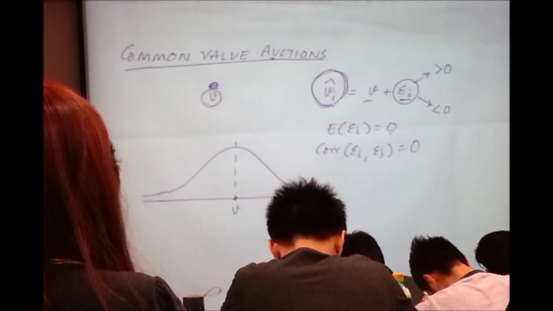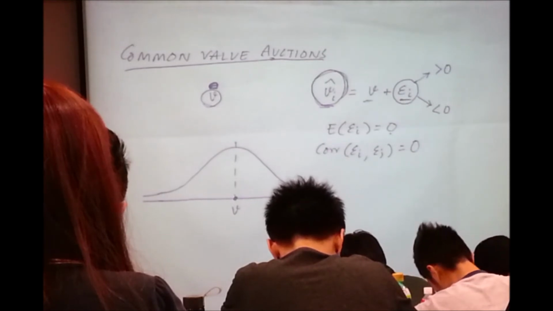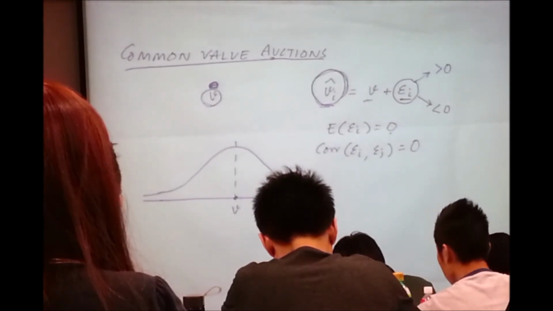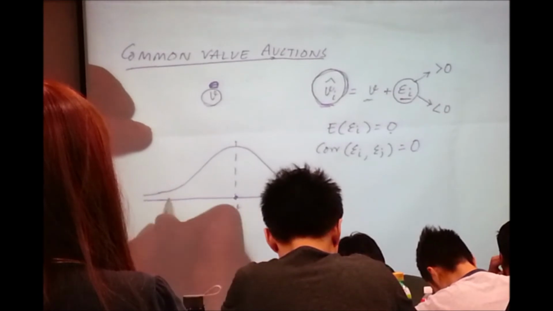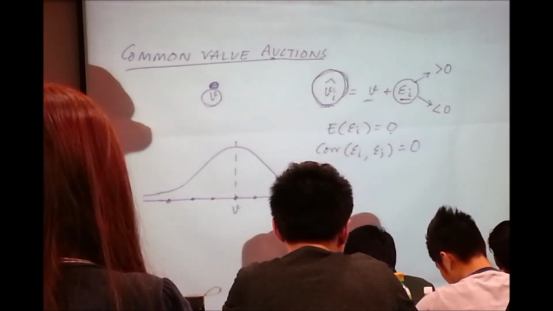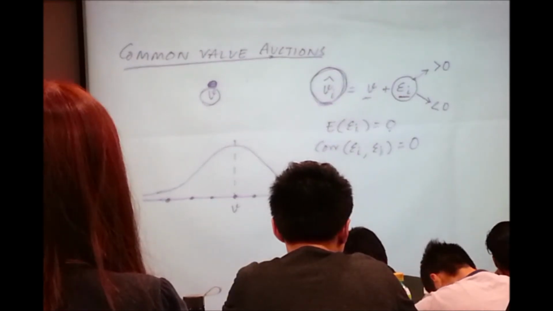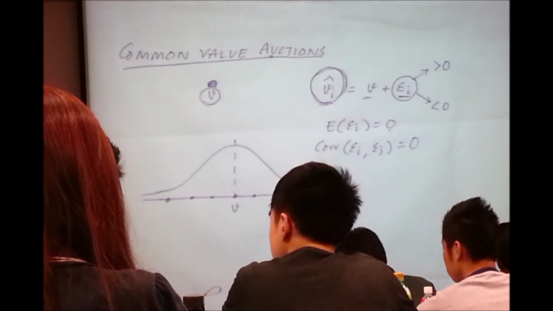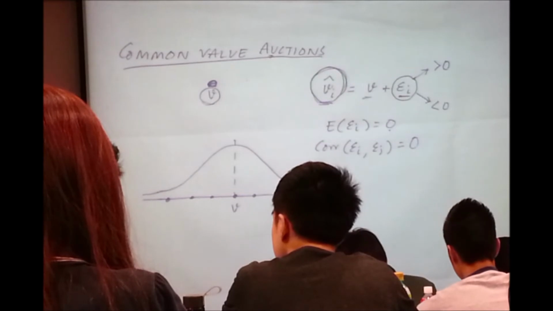Now there are several bidders here. Bidders' estimates are distributed along this line. Some estimates are here, some estimates are here. Notice something very funny that happens.